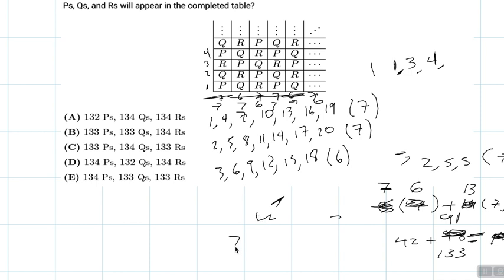So similarly, there are going to be 7 columns where Q shows up 6 times, and there are going to be 13 columns where Q shows up 7 times, which is again 133. So 133 P's, 133 Q's.